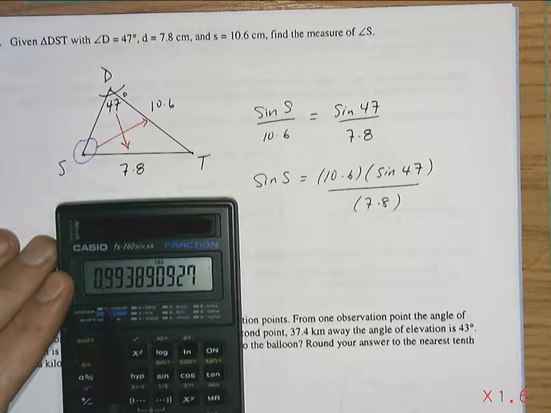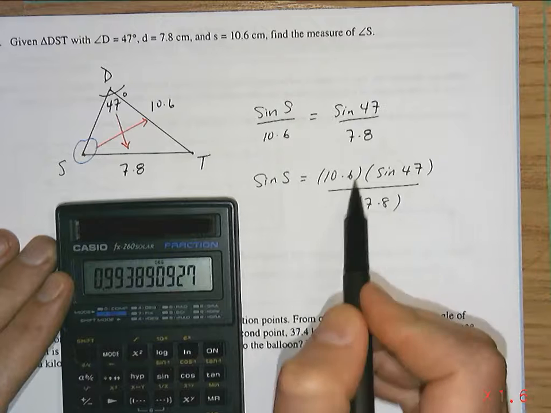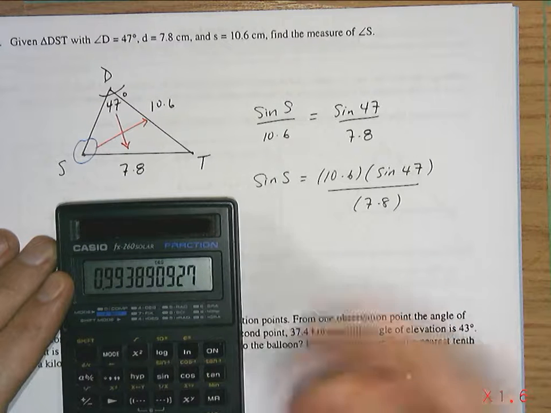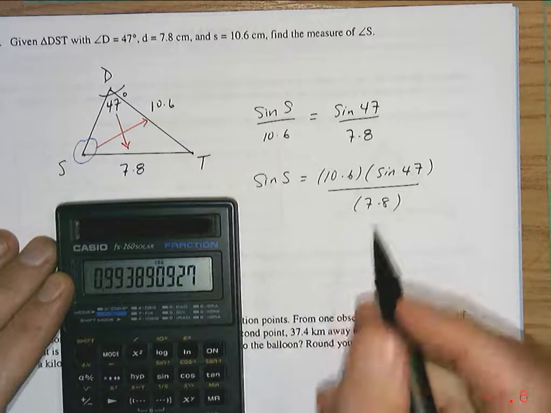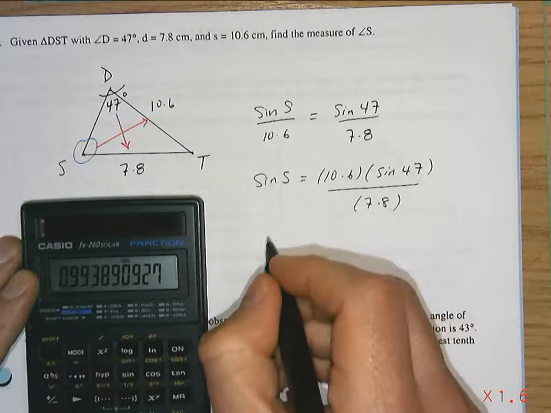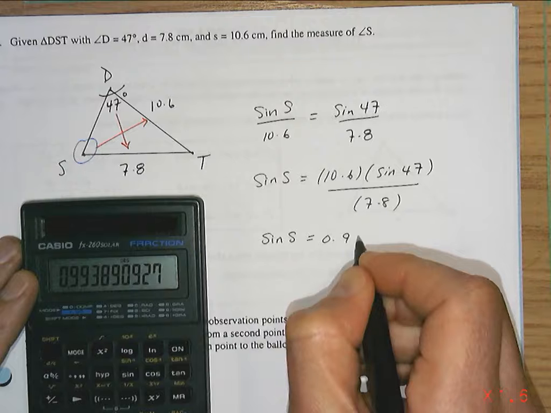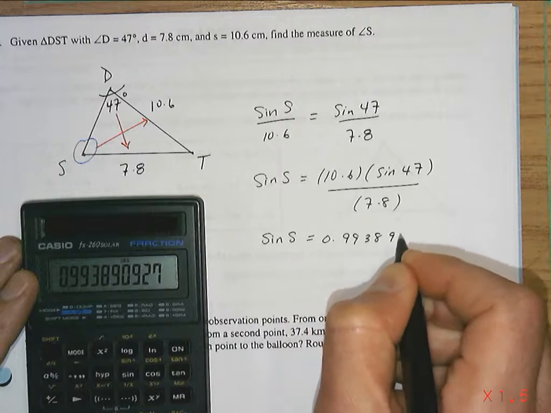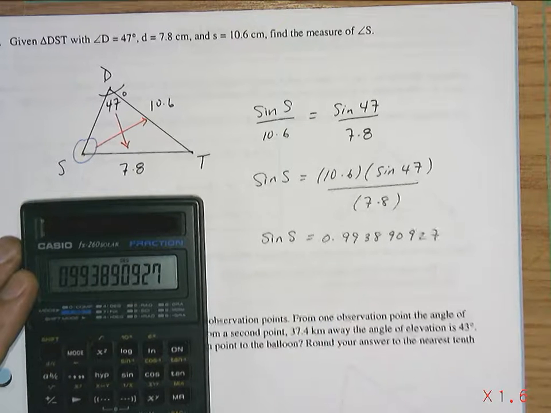Now this decimal is this, but I want the sine of this decimal. Now if I round this decimal, my answer is going to be different than the back of the book and different than everyone else in class. So I need to be careful with that. But what's really happening here is I've got sine of S is equal to this whole decimal. Now writing it out is a waste of time. I'm not going to do it again. I'm just doing it so I can show you.